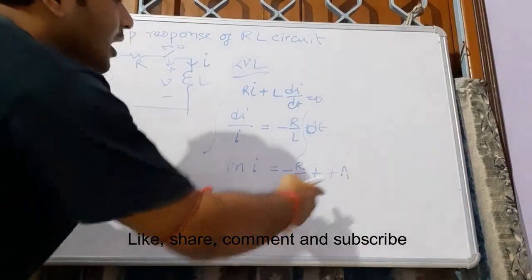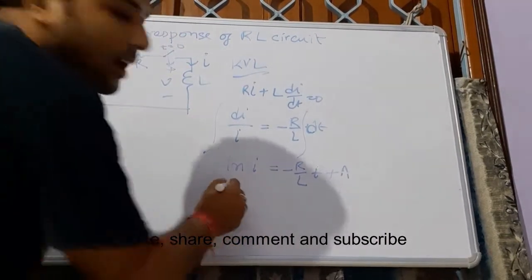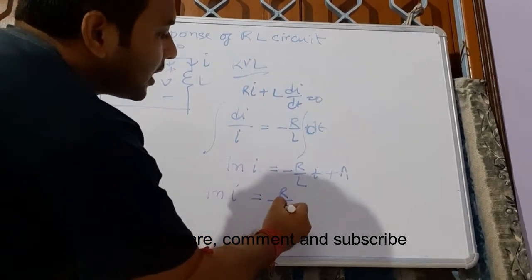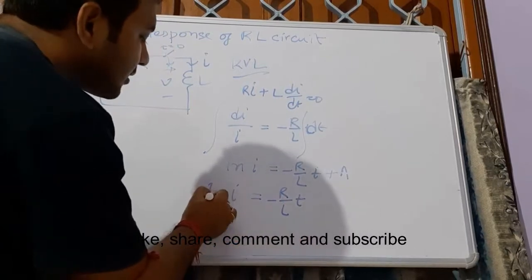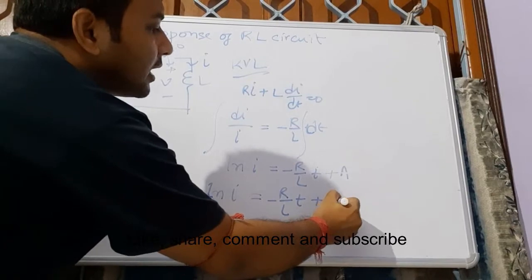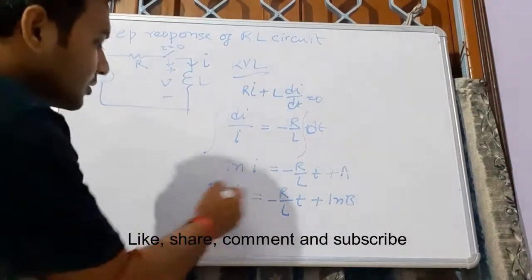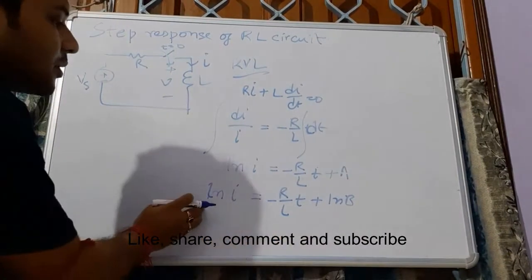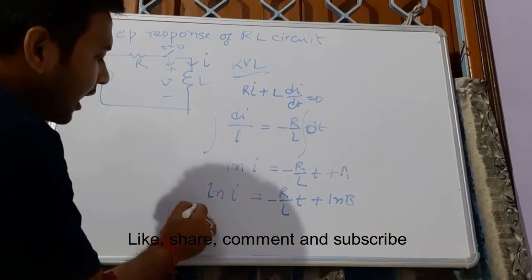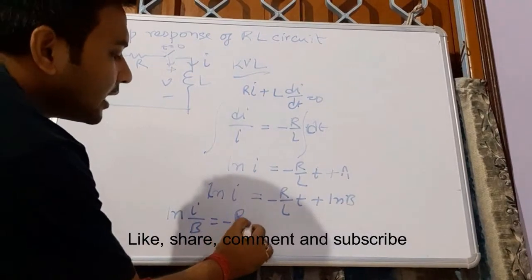And if we take A as ln B, it is a constant, so ln i equals to minus R by L into t plus ln B. If I take this ln B to this side, we will get ln (i by B) equals to minus R by L into t, right?